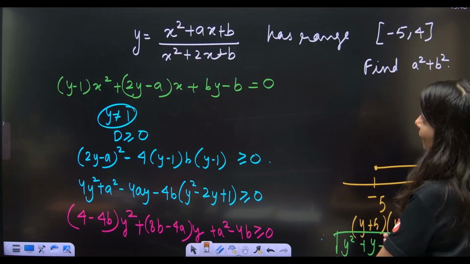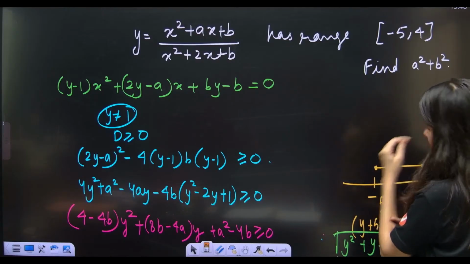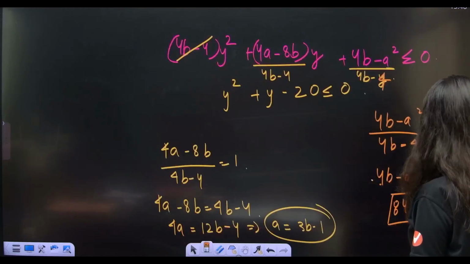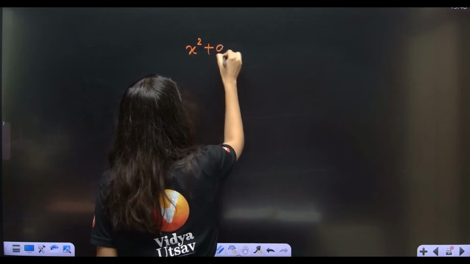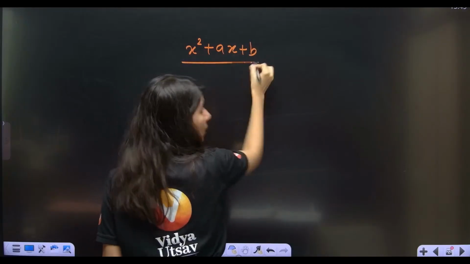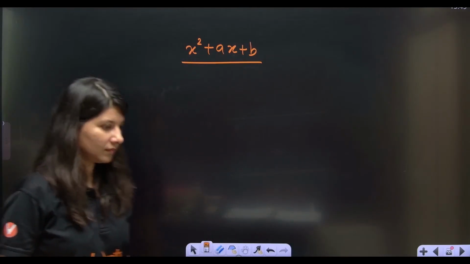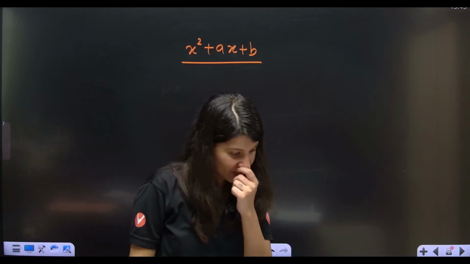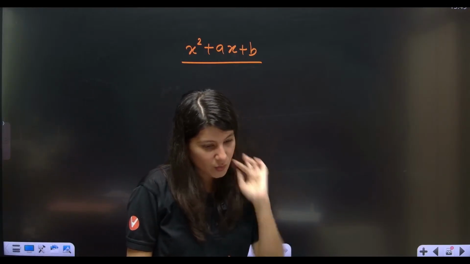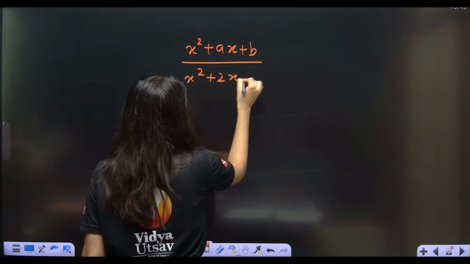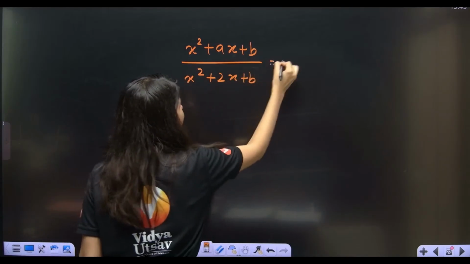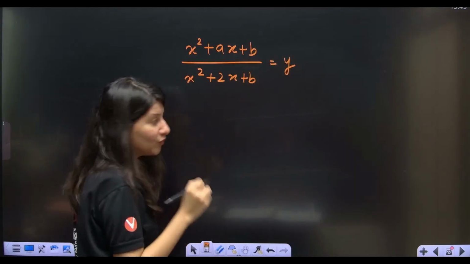Okay. So x square plus ax plus b whole upon x square plus 2x plus b is y, and range is minus 5 to 4, correct?